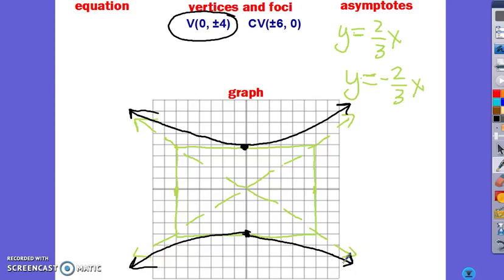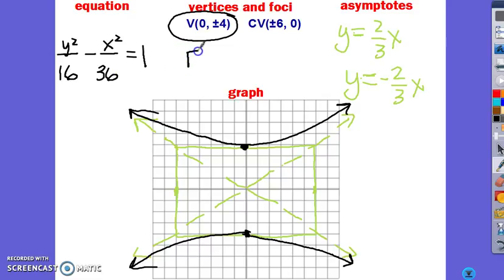That's a weird thing about hyperbolas, the vertex could be smaller. Since this opens up and down, I know I'm going to start with my y squared, my minus for hyperbolas. And then the up and down was the 4, the side to side was the 6. So there's our equation.